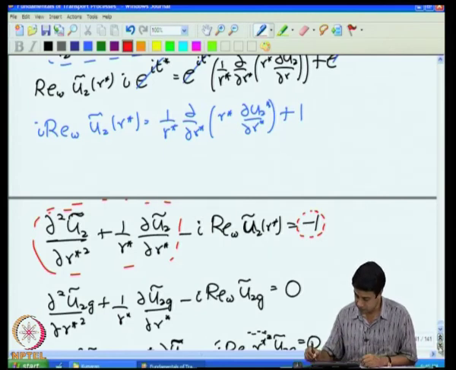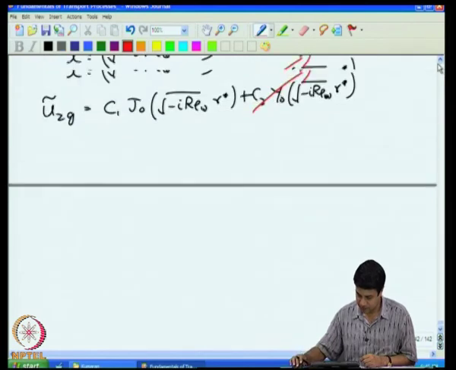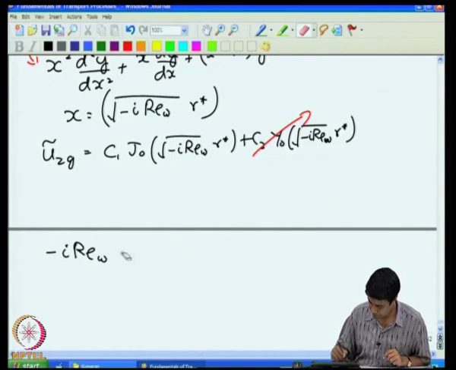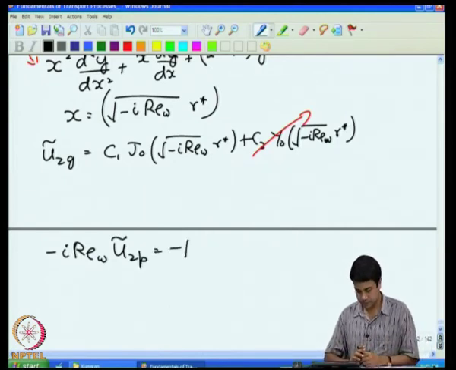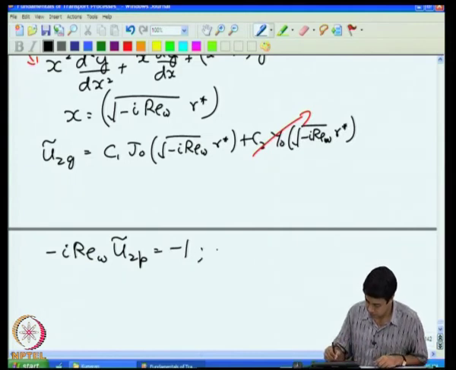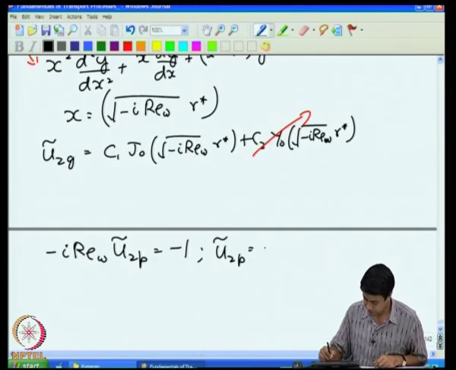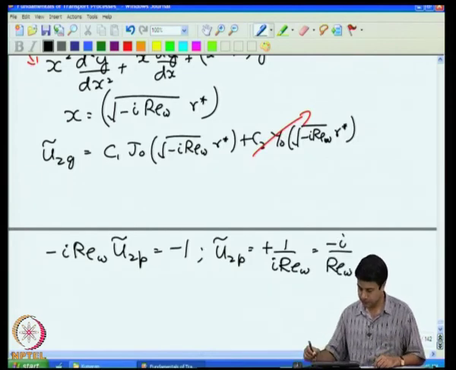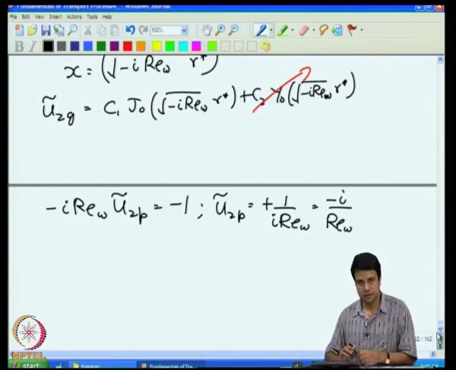So, a constant can satisfy this equation. The constant has to be such that minus I Re omega times u z particular is equal to minus 1, or u z particular is equal to 1 by I Re omega, which is minus I by Re omega. This is the constant that will satisfy the differential equation.